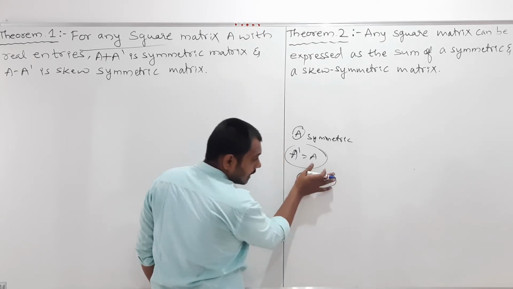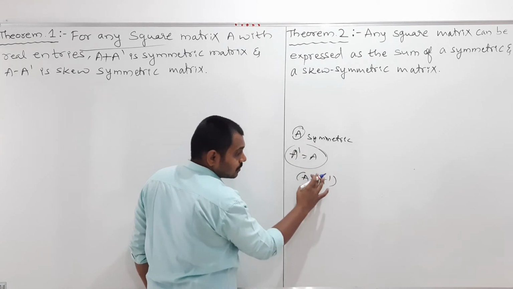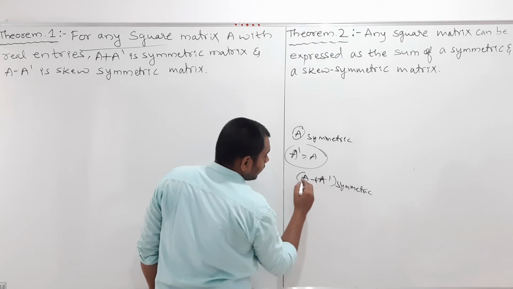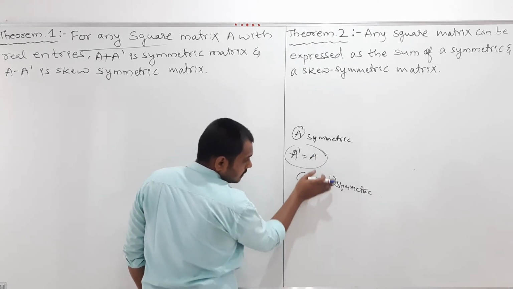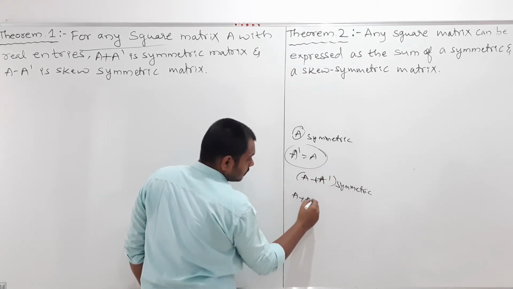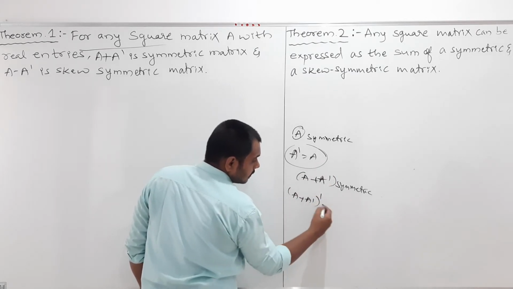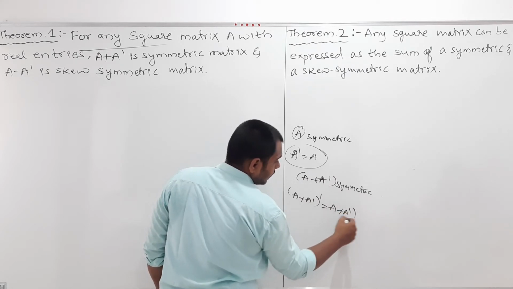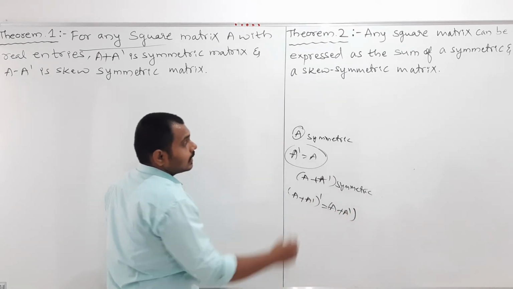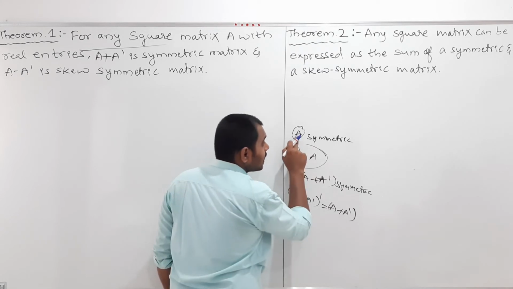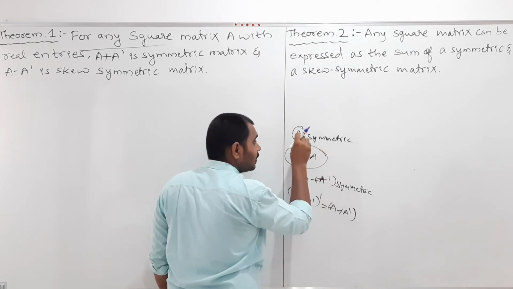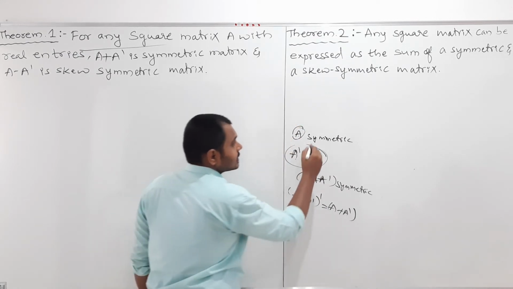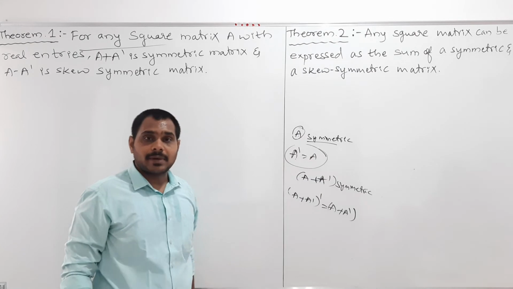I'll assume this entire matrix as A. This is said to be symmetric if I take the transpose of this, and that must be equal to the matrix itself. Clear? A is said to be symmetric if the transpose of this is equal to the given matrix only. Then we can say that A is a symmetric matrix.